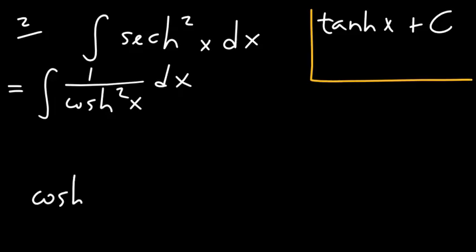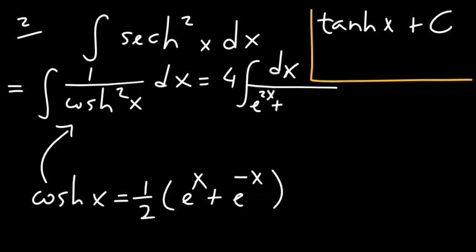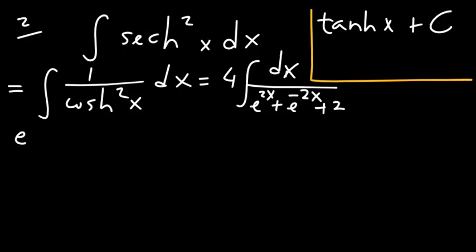Since we know hyperbolic cosine is half times e to the power x plus e to the power minus x, substituting this definition in here, we get 4 dx over e to the power 2x plus e to the power minus 2x plus 2. Let's multiply up and down by e to the power 2x over e to the power 2x. It's like multiplying the whole integral by 1. And you get the following form for the above integral.